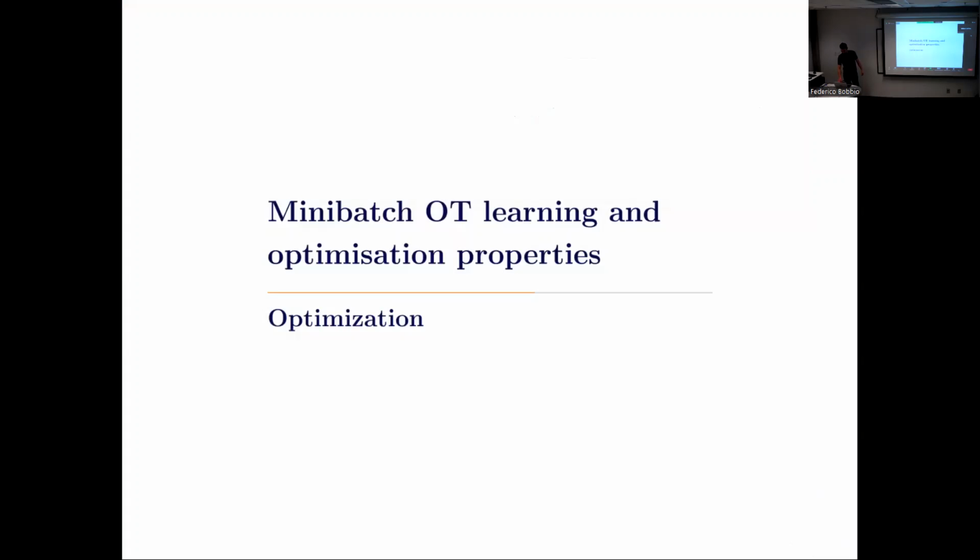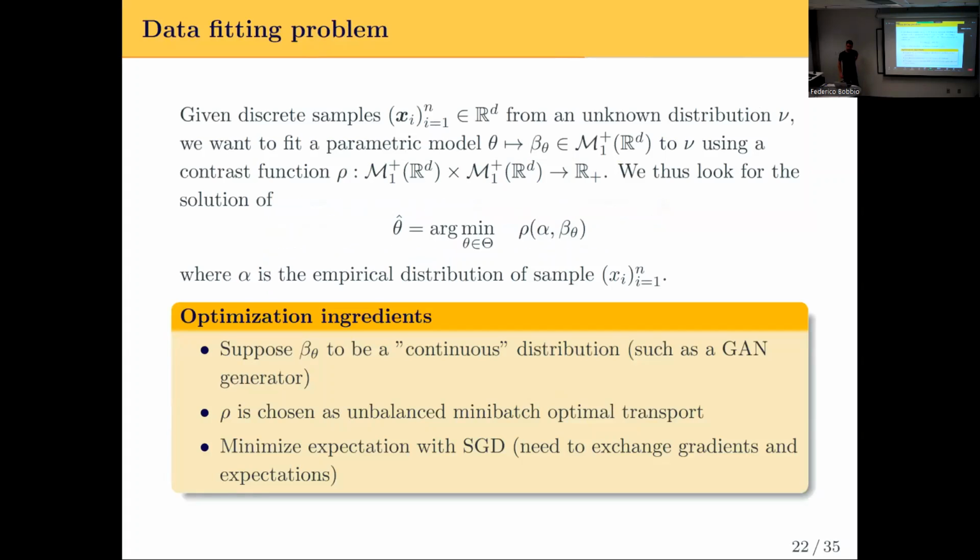And so now regarding optimization properties, what I want to do with a neural network is to fit a parametric model beta theta. So I have 2 distributions, alpha, which is an empirical distribution, and I have a parametric distribution beta theta.